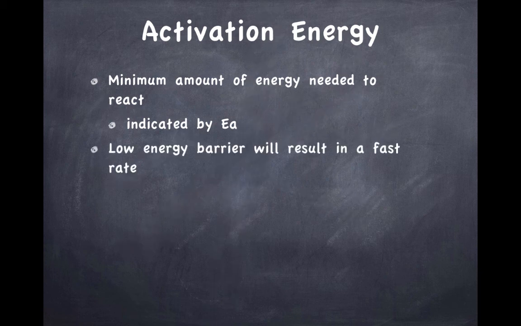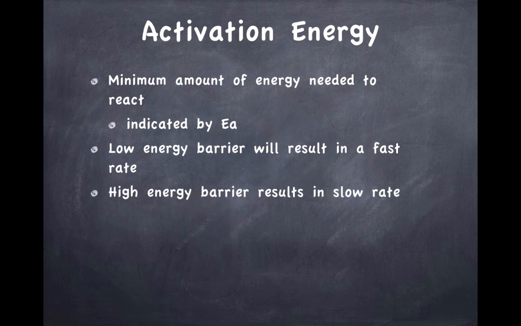If there's a low energy barrier, that's going to mean that a lot of molecules are going to have enough energy to get up and over that barrier. So as a result, you're going to have a fairly fast rate. If you have a high energy barrier, that's going to mean that not very many molecules have enough energy, and you're going to have a very slow rate.